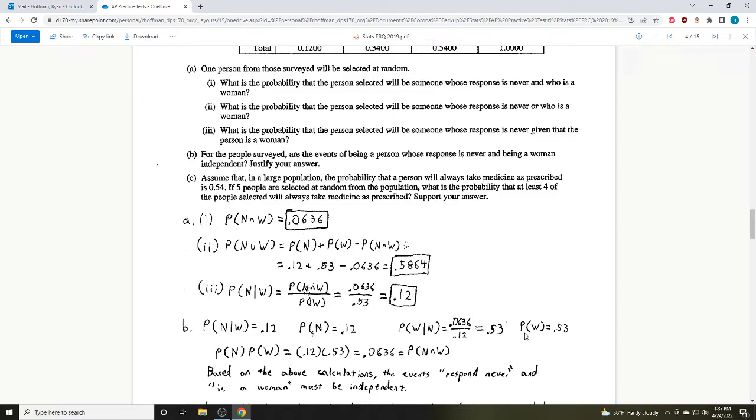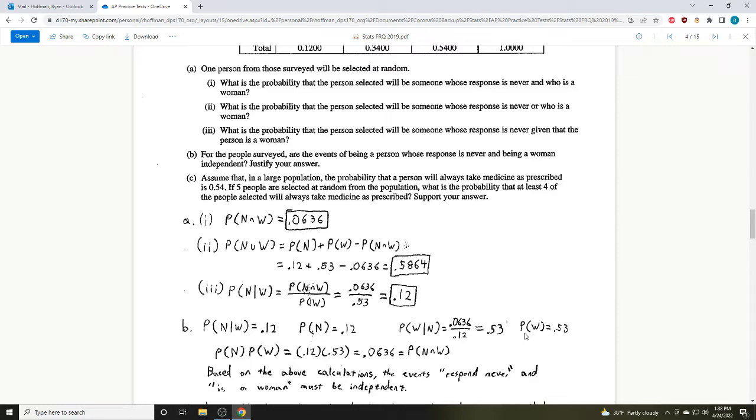And then part C, we have a binomial distribution. It's a binomial distribution because we are selecting 5 people. We have the probability of a success, the probability of the thing happening every time, which is 0.54. And we have a set number of times the thing happens, which is 5.